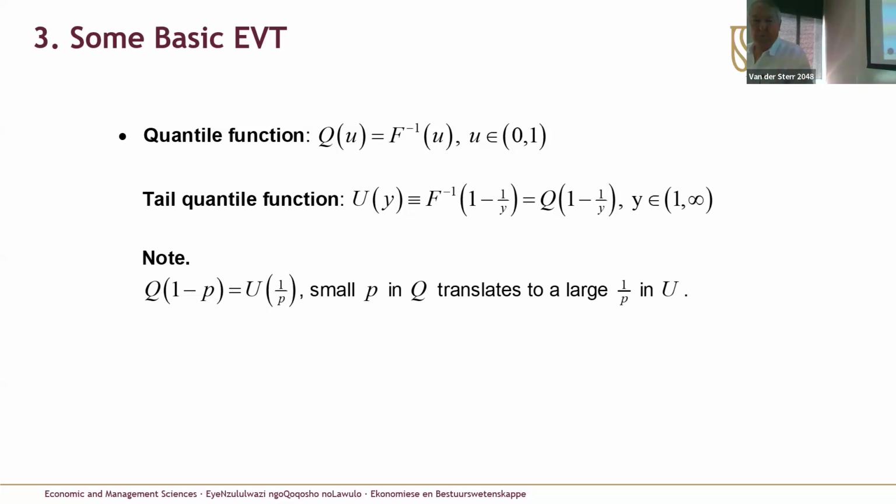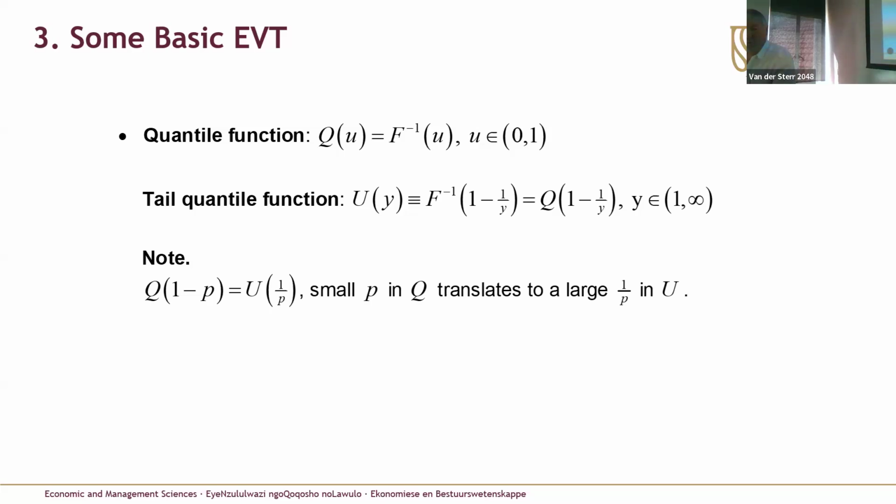First of all, we all know the quantile function as the inverse of the distribution function. There's something called a tail quantile function, which is a transformation of the quantile function in this way. You can also think of it as a reciprocal of the inverse of the survival function. Okay, but it's this.